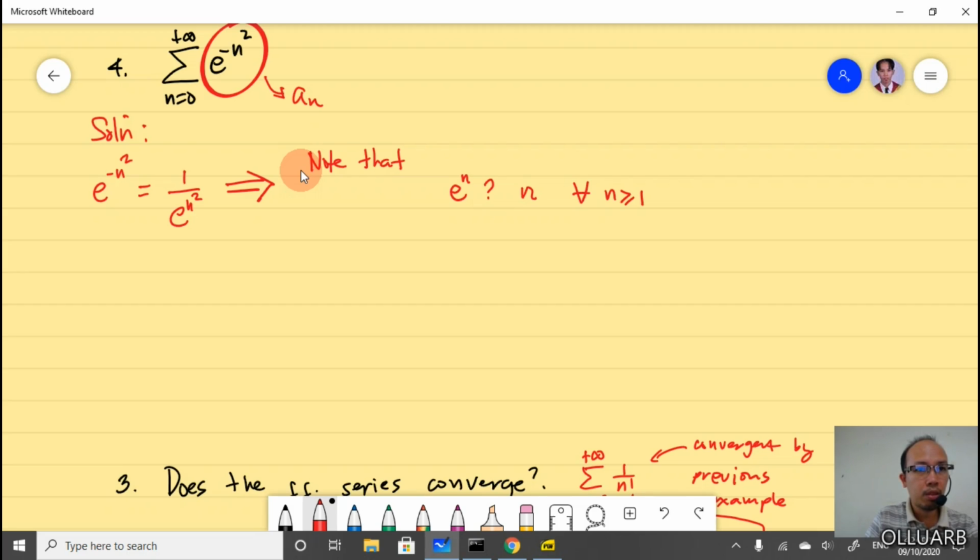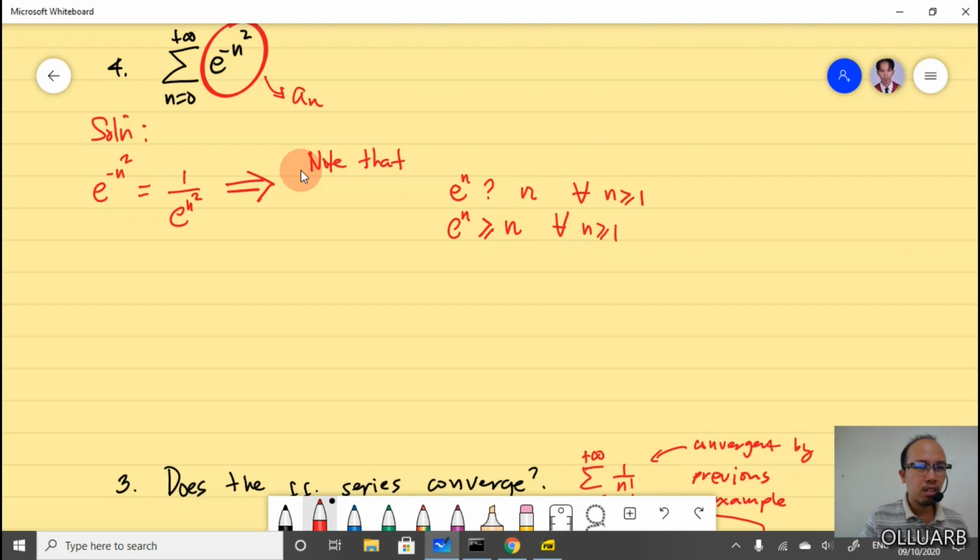So e to the 1 is 2.71, and this is 1 on the right hand side. If n is 2, we have 2 here, and then we have 2.71 raised to the power of 2. So the left hand side is clearly larger than the right hand side. So e to the n is clearly greater than or equal to n for all n greater than 1. We include the equal symbol here to make it safe.